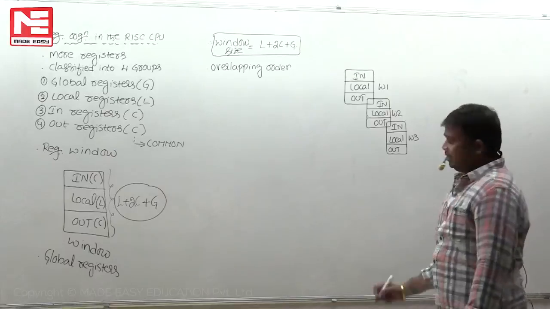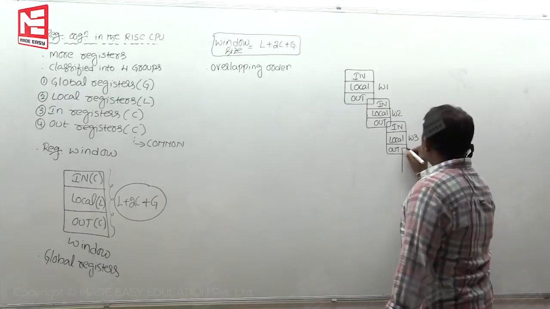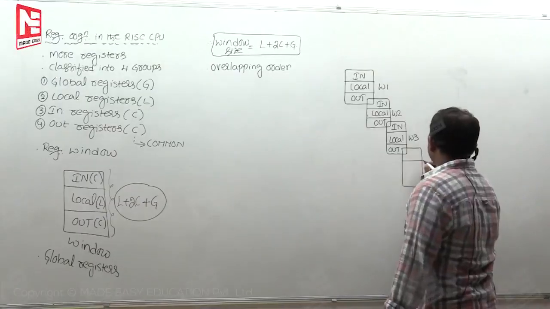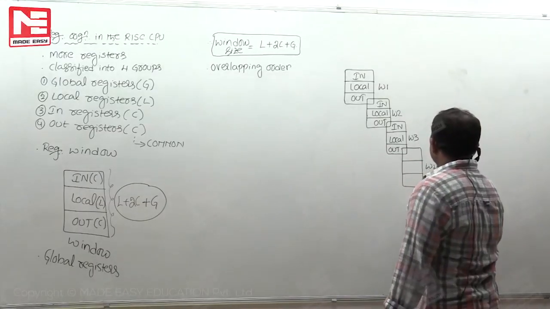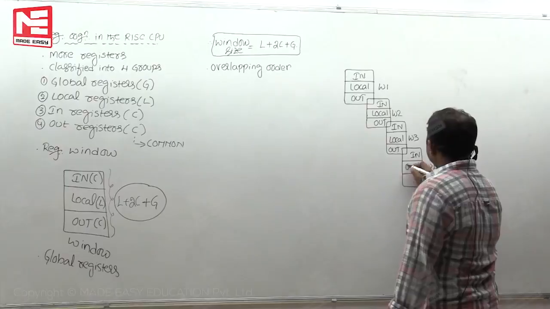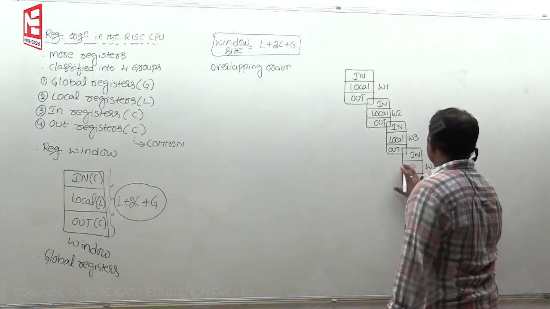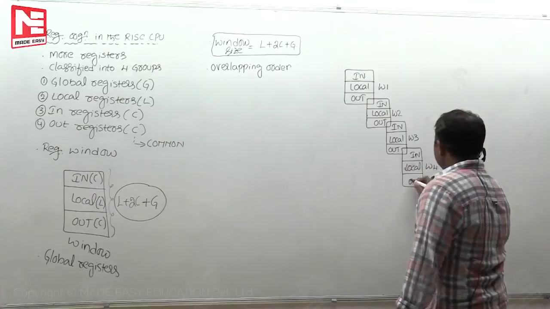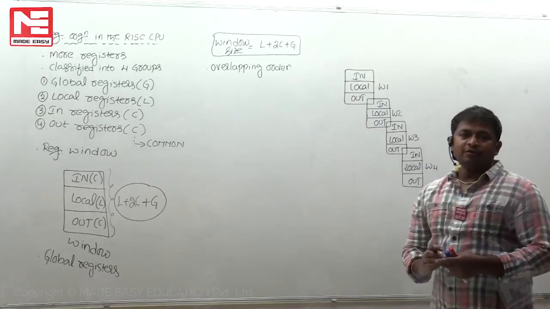That is the overlapping meaning. Now window 3 out registers are used as in registers in window 4. W4: in, local, out. And so on. Let us assume the system with 4 windows.